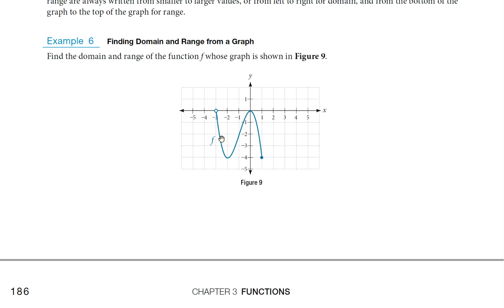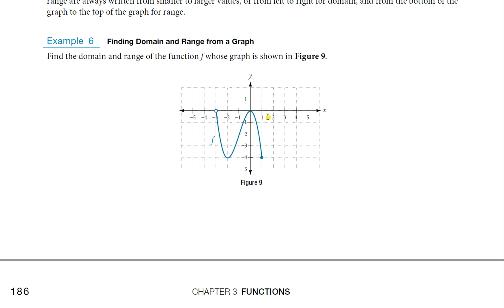So you've got full dots here, here, here, here. So obviously the function is defined for all values above -3 until you get to 1, and it ends with a full dot. So f of 1 is -4, and it's defined at 1 because of the full dot. So the domain would be from -3 excluded to 1 included.